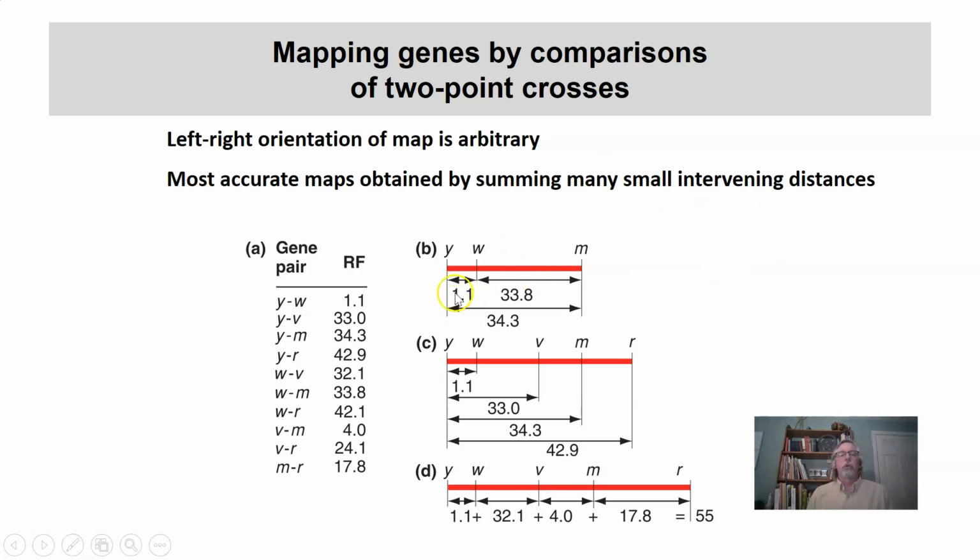If it were true, then these map distances, yellow to white, 1.1 map units, white to miniature, 33.8 map units, would sum up to 34.9, but they don't. So usually there's some degree of error. There's not exact additivity. However, the important thing is this value is greater than this value. And so that must mean that the yellow gene is over here and not between white and miniature.